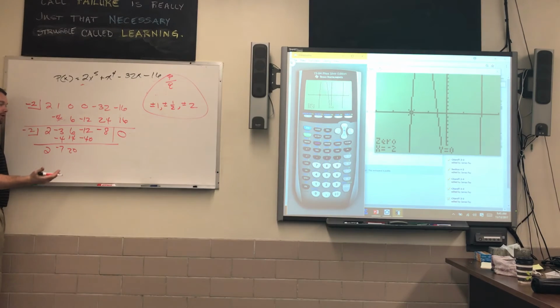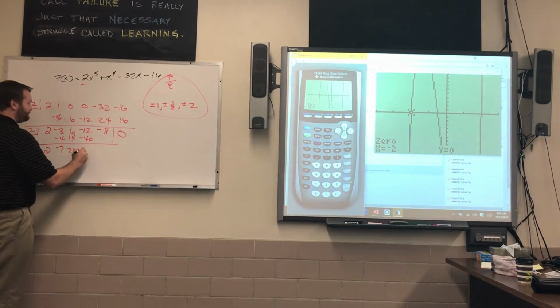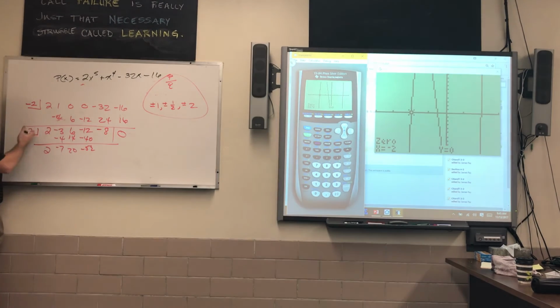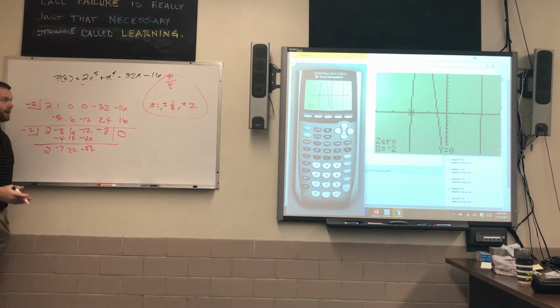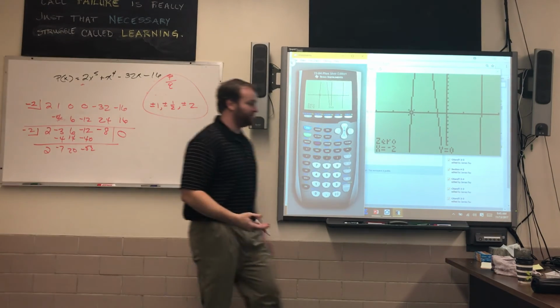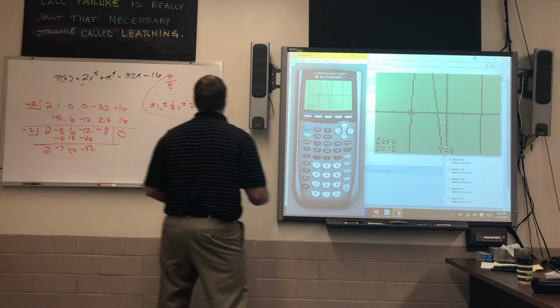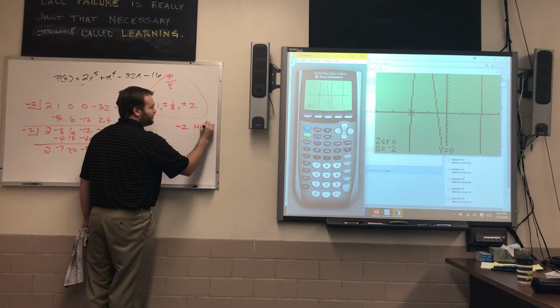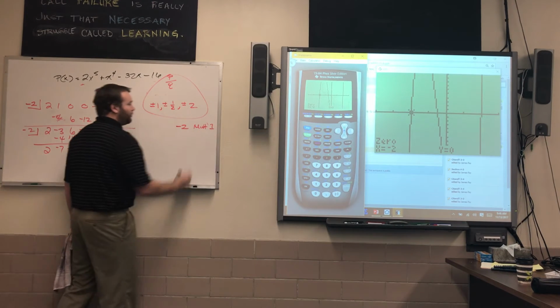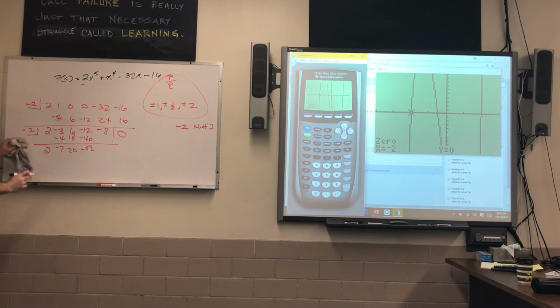My numbers are getting pretty large here, to realize that, you know, if I keep going through with this, I'm not going to get a +8 here to give me a 0, right? So -2 is only going to have a multiplicity of 1, okay? So -2, multiplicity of 1, is a current 0 that we have.